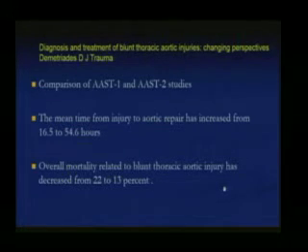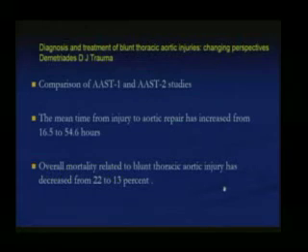Then the American Association for the Surgery of Trauma has two studies, the AAST1 and AAST2 studies. They compared the diagnosis and treatment of blunt thoracic aortic injuries. The mean time from injury to aortic repair has increased from 16.5 to 54.6 hours. So delayed repair is beneficial to the patient if the patient is stable.